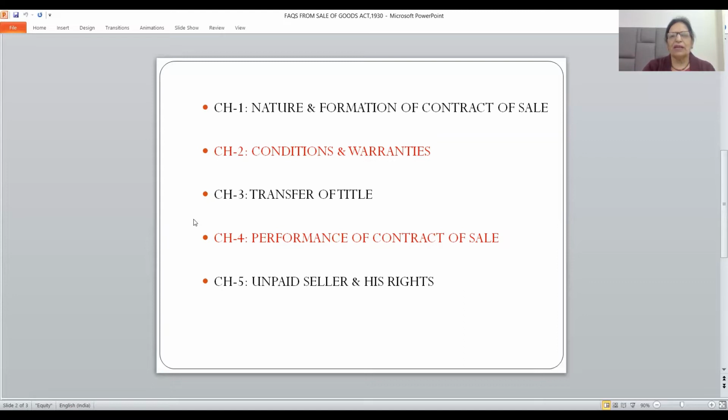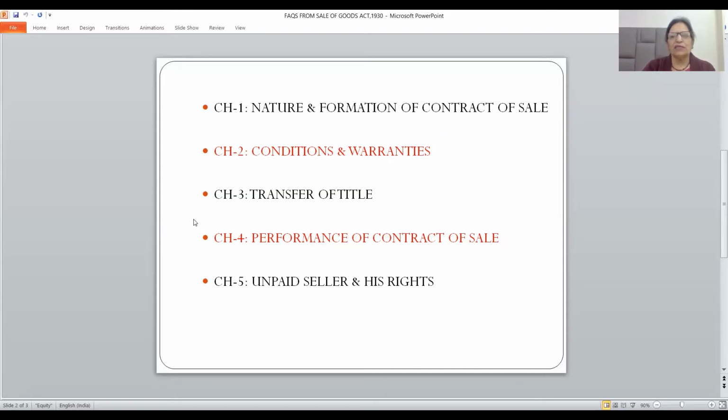It has been defined under section 4, subsection 1. Contract of sale is a contract whereby the seller transfers or agrees to transfer the property in goods to the buyer for a price. So 6 to 7 essentials of contract of sale are there, which you have to write with the help of examples.